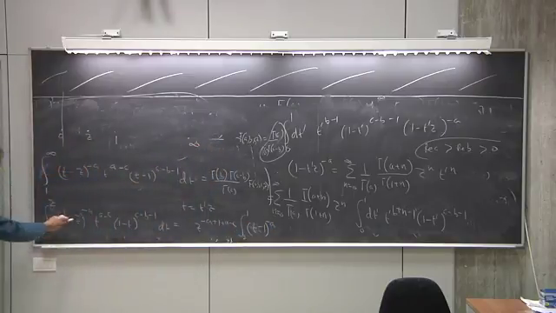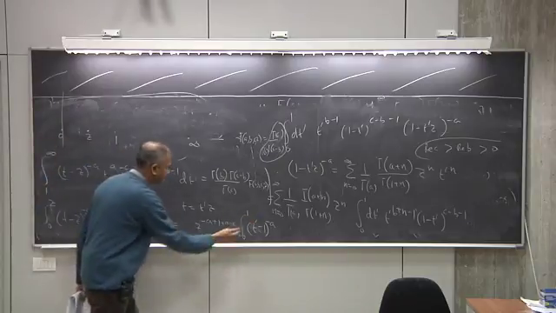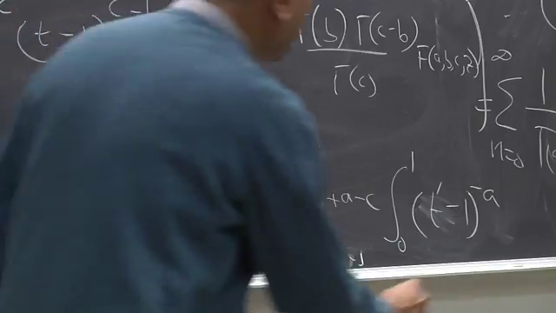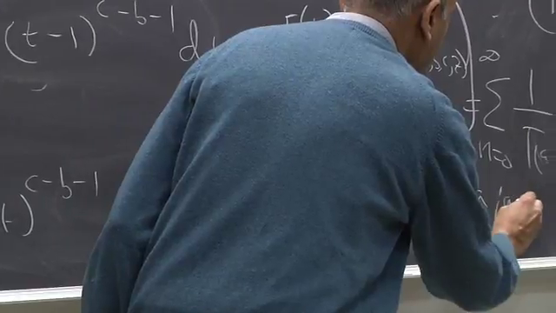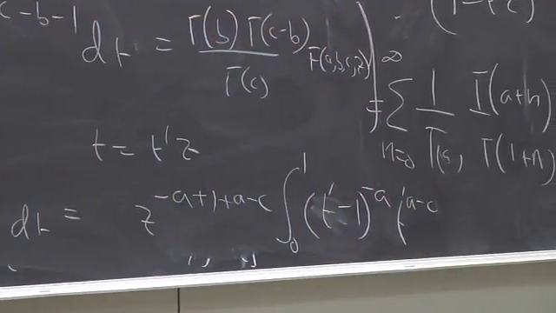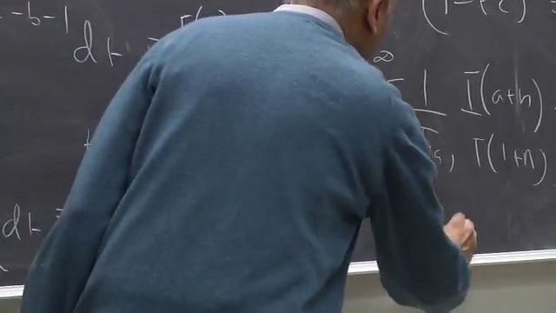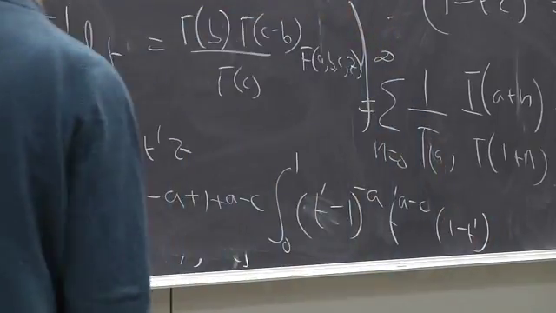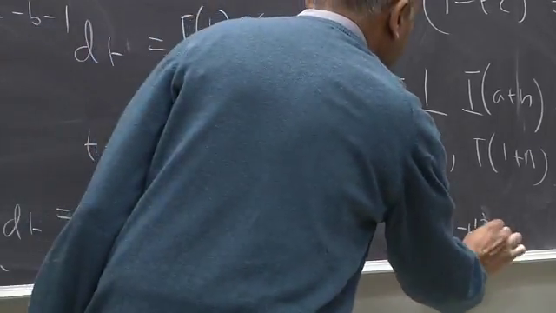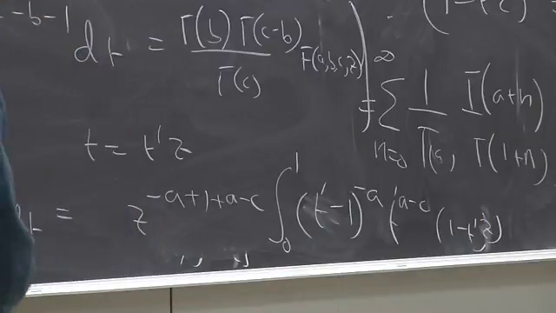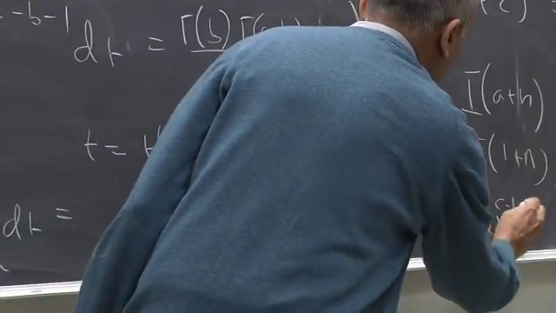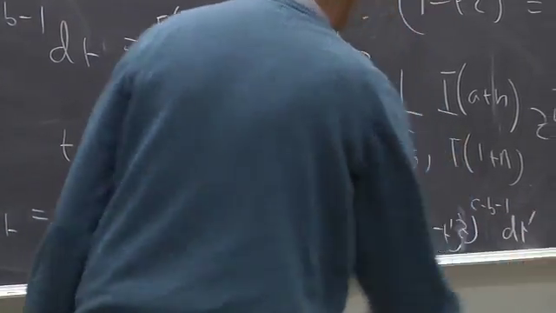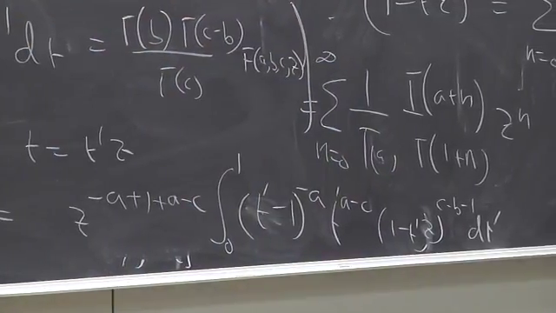Right? I took out t prime to the minus a. Right? From here you get t prime to the a minus c. And then from here you get 1 minus t prime z, to the power of c minus b minus 1, dt prime. Yes? That's what you get.